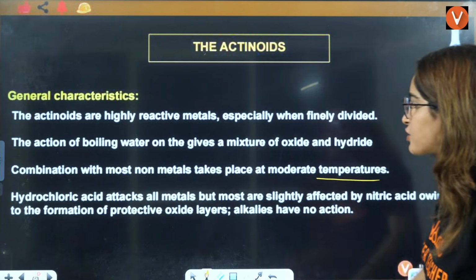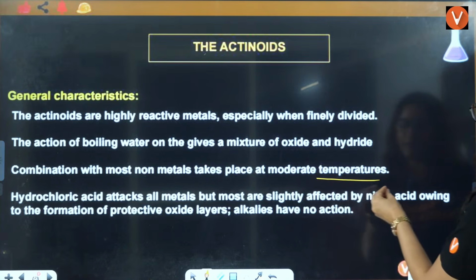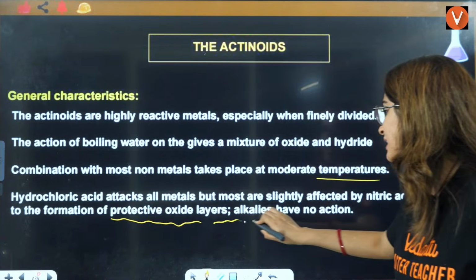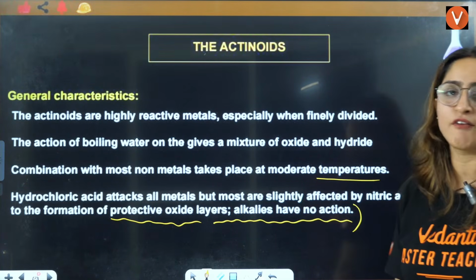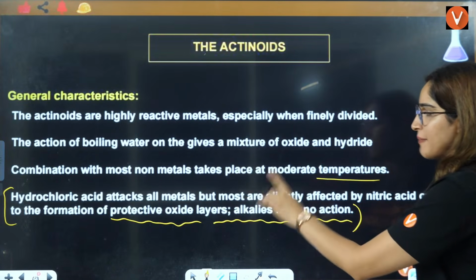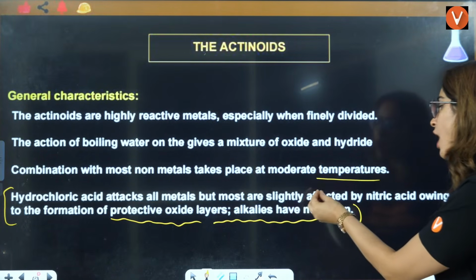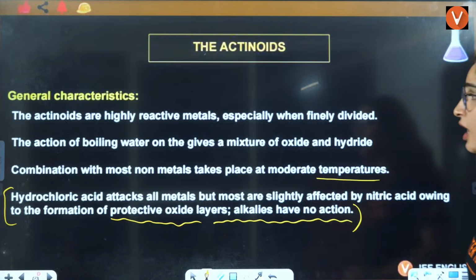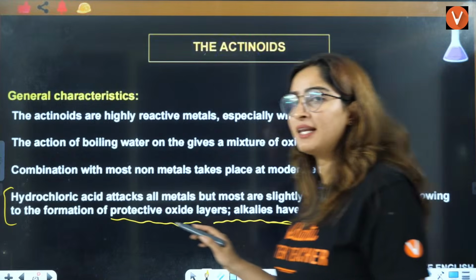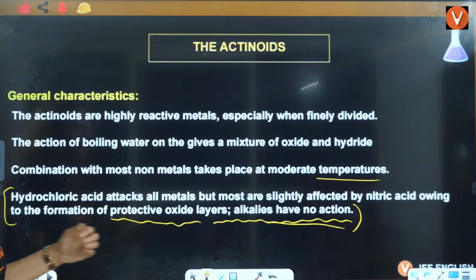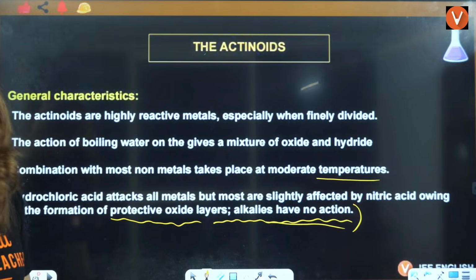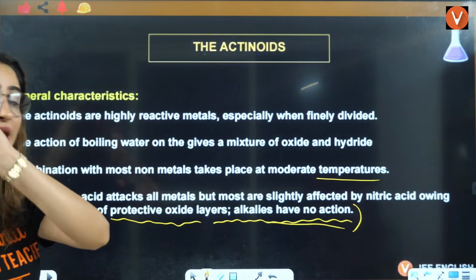Hydrochloric acid attacks all metals, but most are slightly affected by nitric acid, owing to the formation of a protective oxide layer. Alkalis have no action.